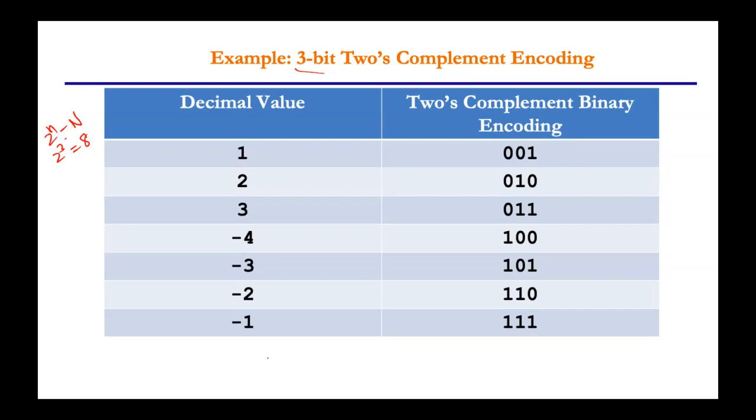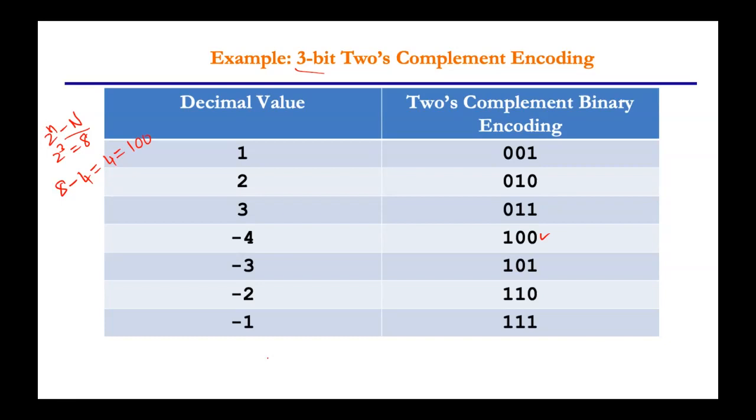Where this N represents all these negative values. So for -4, we write 8 minus 4 is 4. The binary equivalent value is 1 0 0.